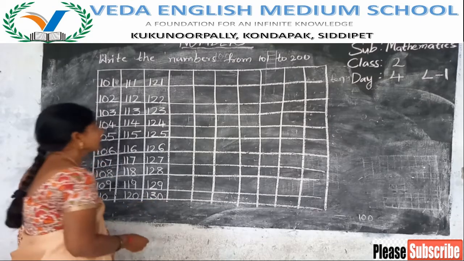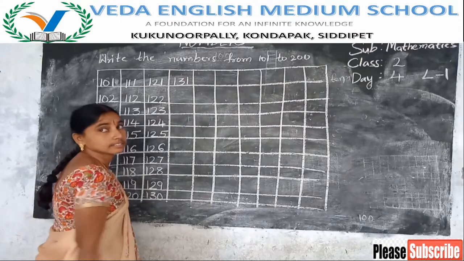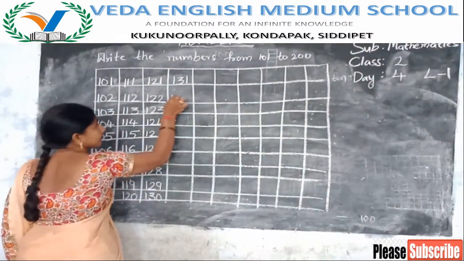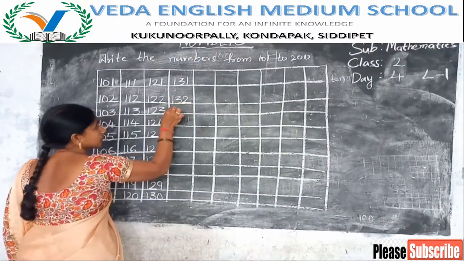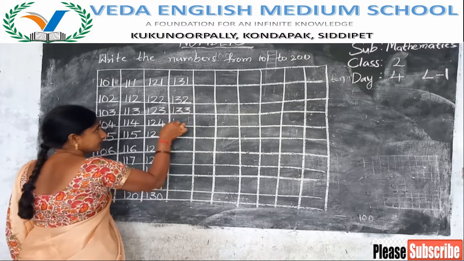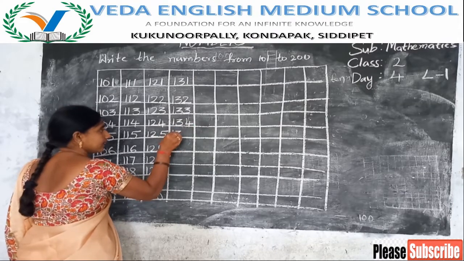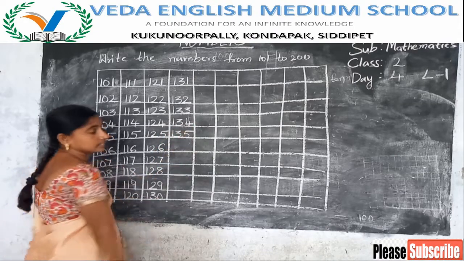130. The next number is 131, 132, 133, 134, 135.